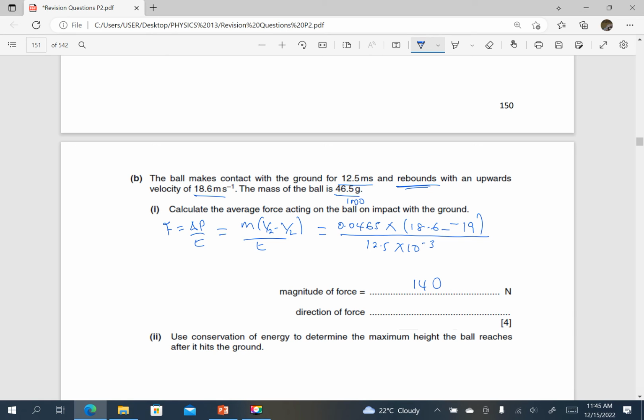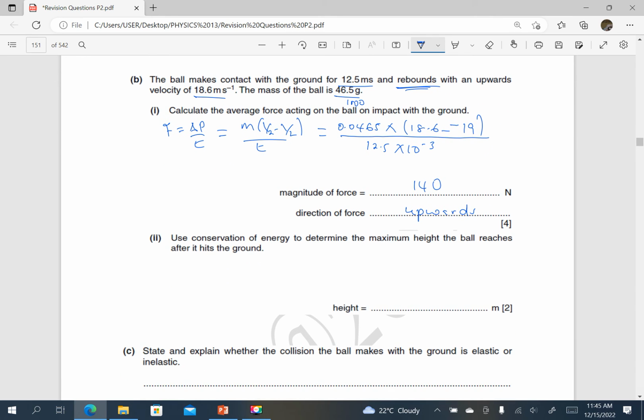And of course, since it was falling vertically downwards, if it rebounds, the direction is going to be upwards. Calculate the average force acting on the ball on impact with the ground and the direction of the force. Of course, the ground exerts a force on the ball.